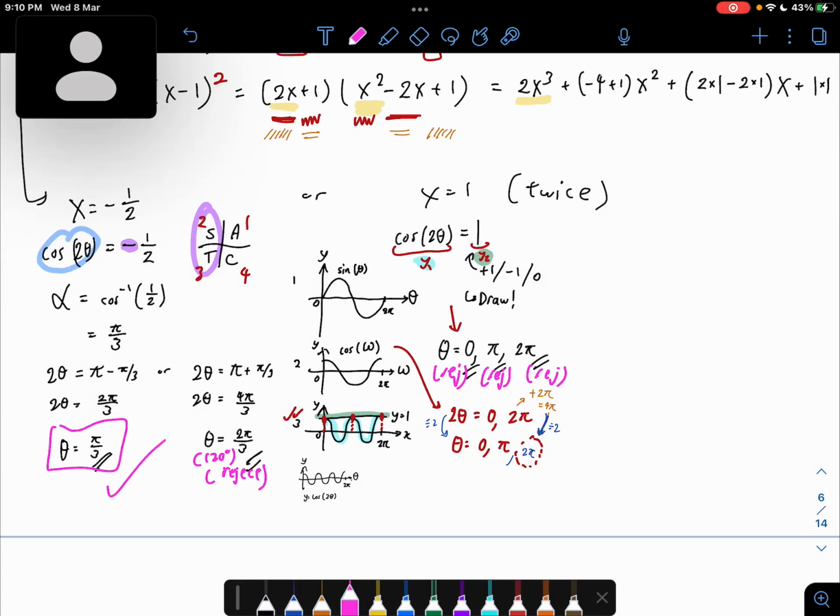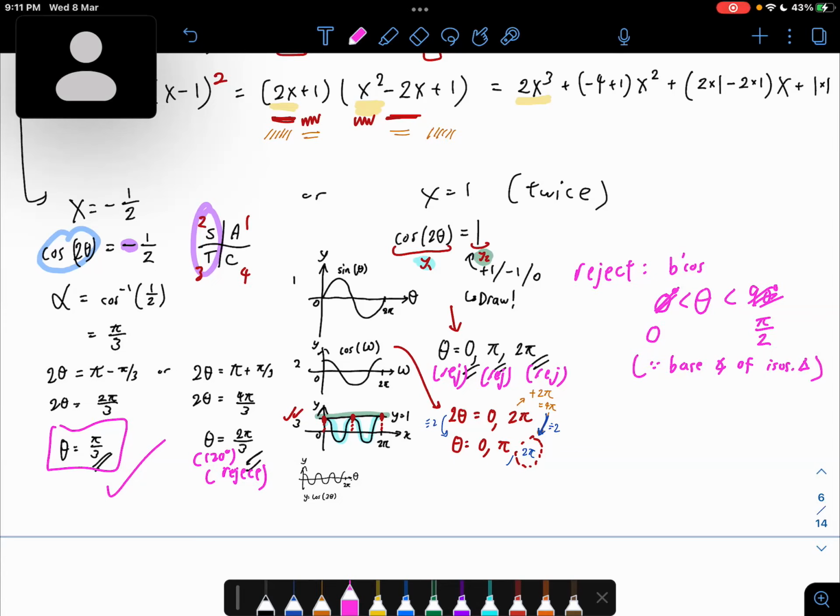Reject the others because theta must be between 0 and 90 degrees. Sorry, don't use degrees, use radians: between 0 radians and pi over 2 radians, because it is a base angle of an isosceles triangle.